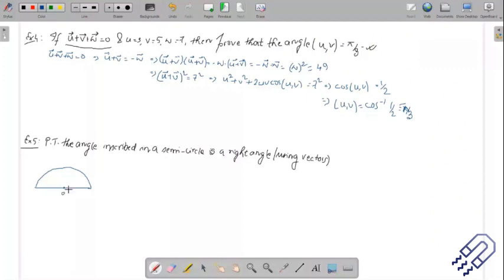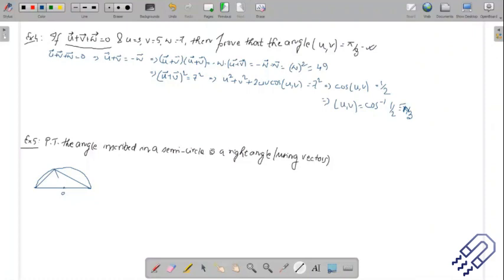Inscribed in a semicircle. So it's the angle which is actually the interior part inscribed, right? So what we can do is we can actually take this, something like this. So this particular section is nothing but the angle that we are talking about.